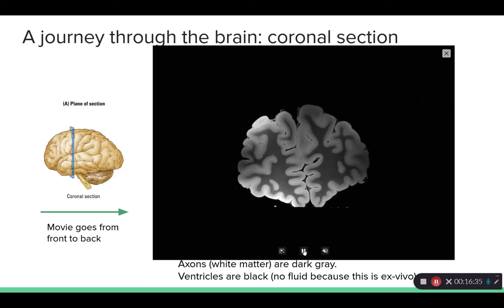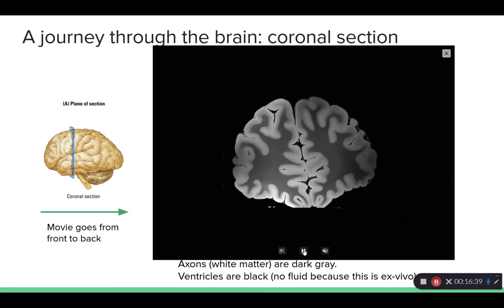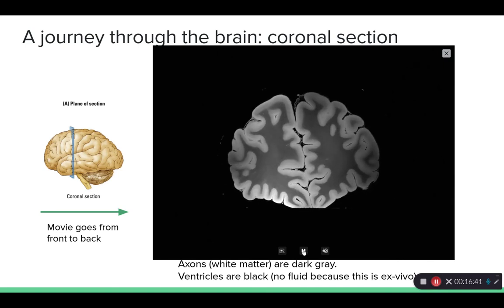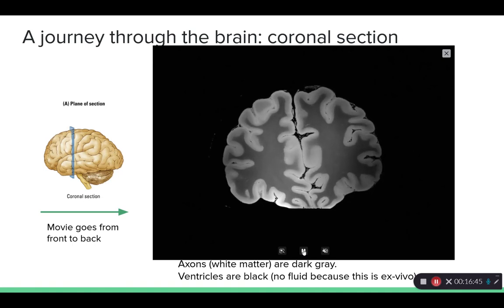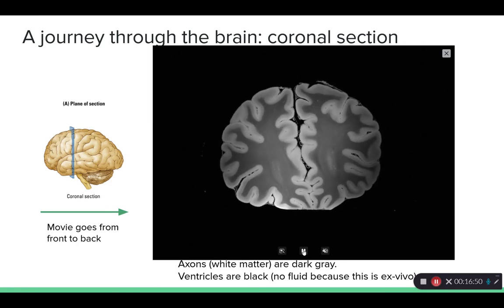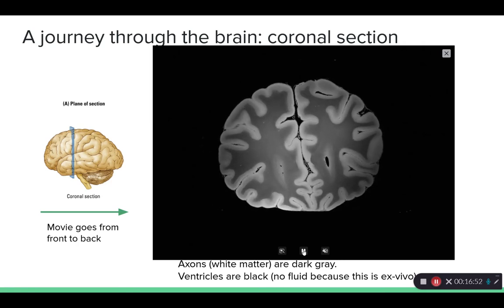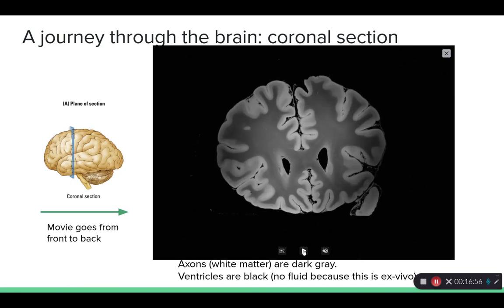Now we're going to continue through, and in just a few moments, there are going to be some features that hopefully you recognize. All right, so right about here, you should begin to see some features that you can recognize.